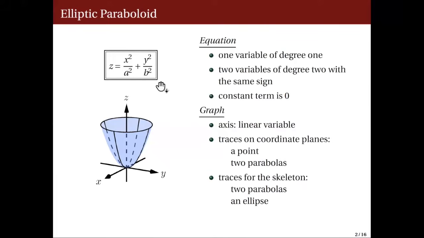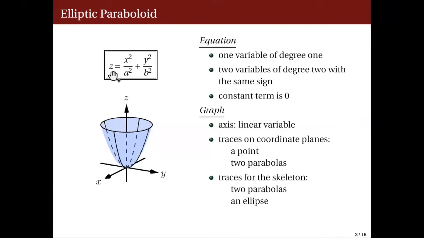Note, however, that this is just an equation for this particular orientation. There are 5 other orientations for the elliptic paraboloid. You can rotate this 90 degrees towards the positive x or towards the negative x, 90 degrees towards the positive y or the negative y, or you can flip it over. If you flip it over, that means the vertex is still the origin, but the elliptic paraboloid opens towards the negative z-axis.